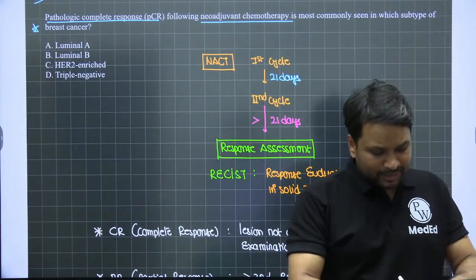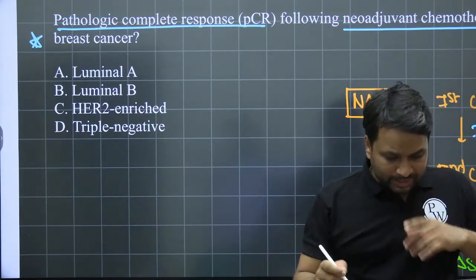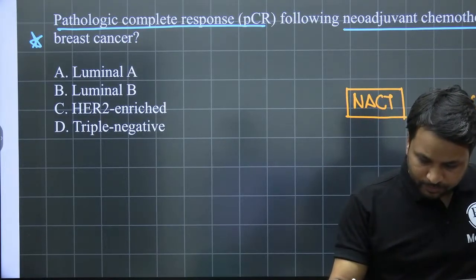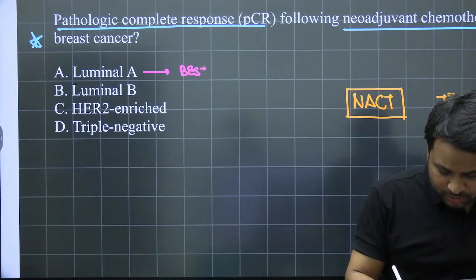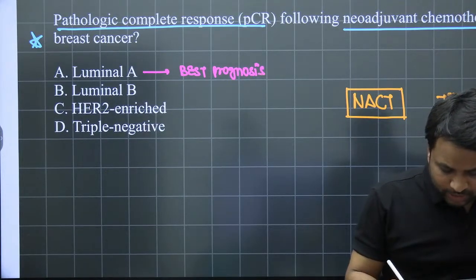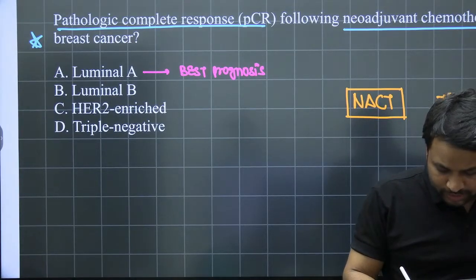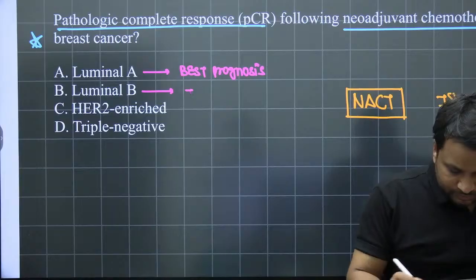Now, please do not get confused by this. When you look at this, luminal A has the overall best prognosis. Luminal B is going to be triple positive.